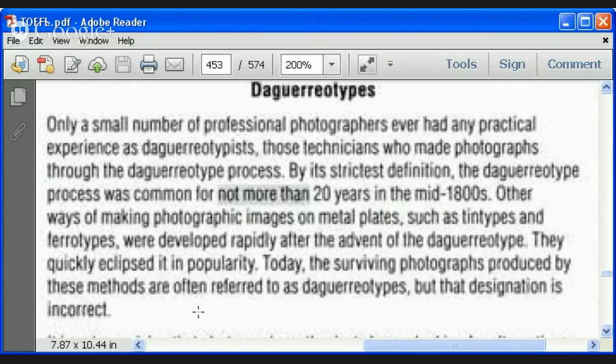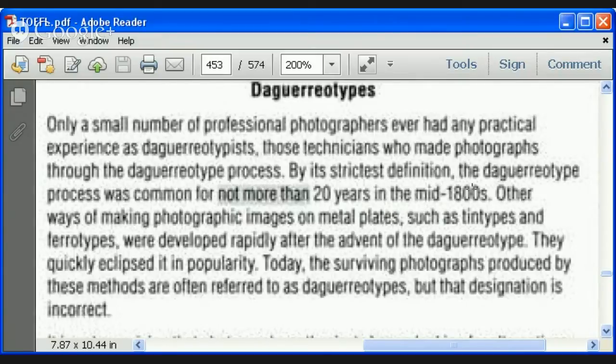Only a small number of professional photographers ever had any practical experience as daguerreotypists. Daguerreotypists, actually. It's not daguerreotypes. I had to look up pronunciation for this myself. Again, only a small number of professional photographers ever had any practical experience as daguerreotypists, those technicians who made photographs through the daguerreotype process.